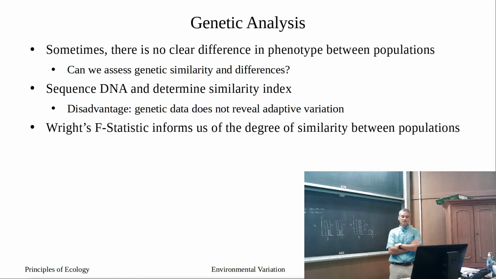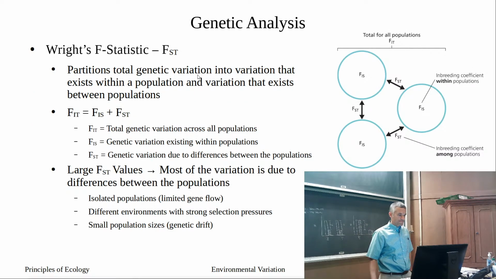So those of you that have had stats, it's kind of where he derived it. So what is this Wright's F statistic? This statistic is going to partition our total genetic variation, all that variation across our species, into variation between the populations and variation within a population.